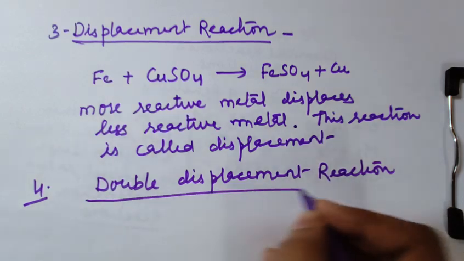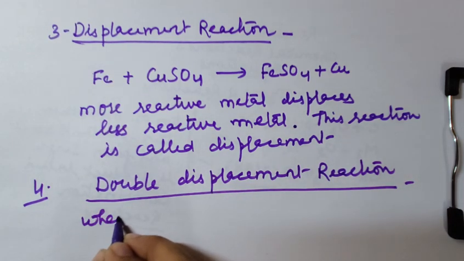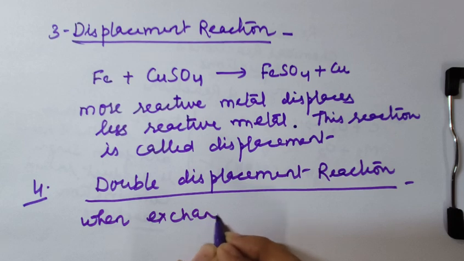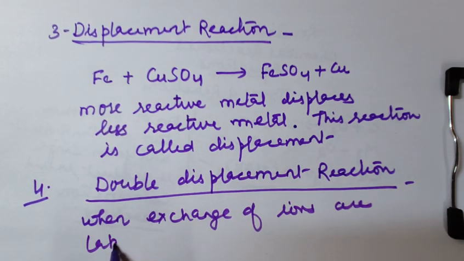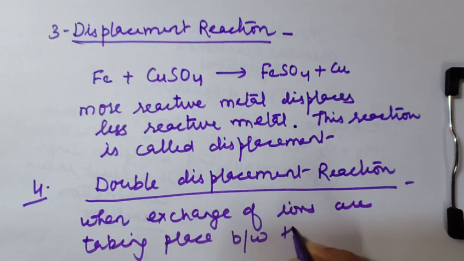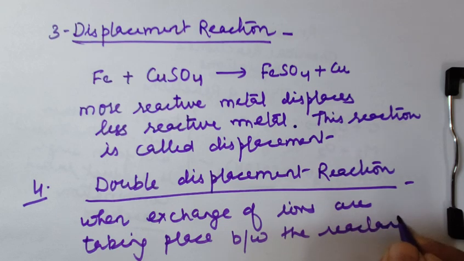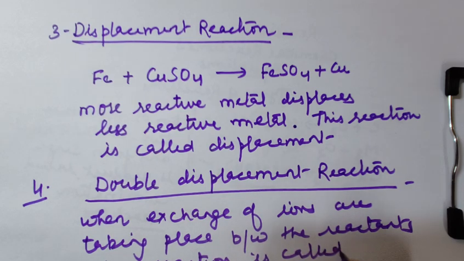When exchange of ions is taking place between the reactants, this reaction is called double displacement reaction. Now we are going to write the example of this reaction.